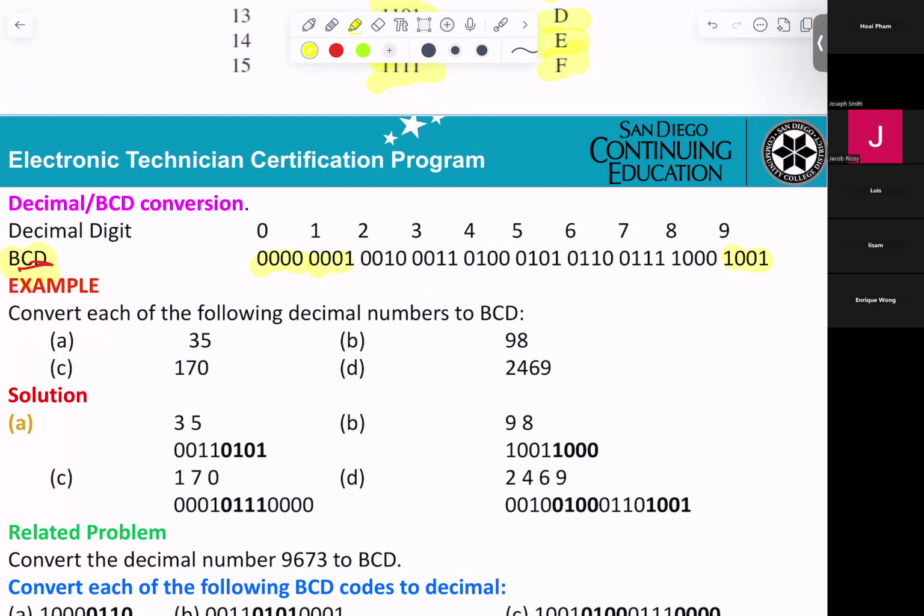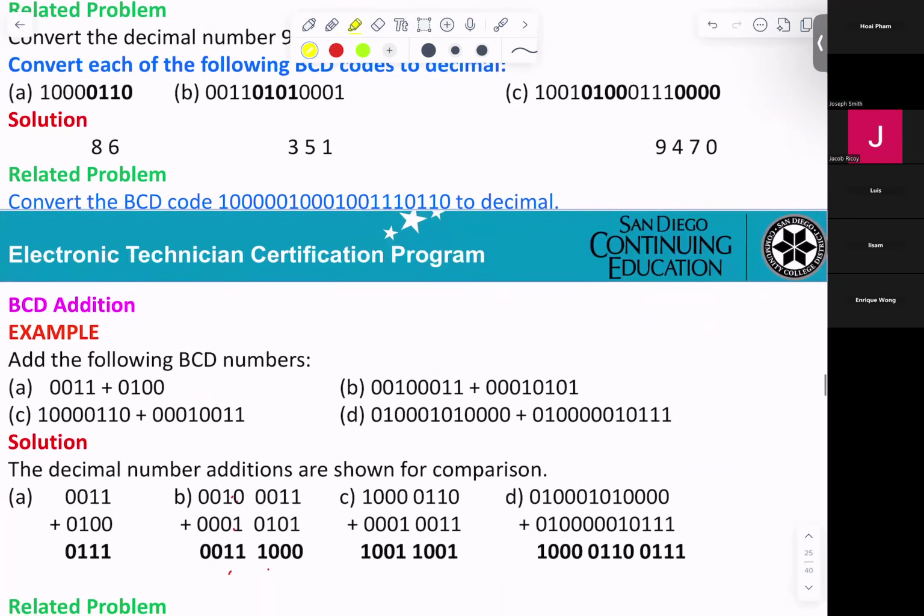Number 1. Okay. Now you get 35. Okay. Then you want binary BCD. First number 5. That's 0101. They must be 4 bits. And 0011, number 3, 35. Okay. That is BCD.